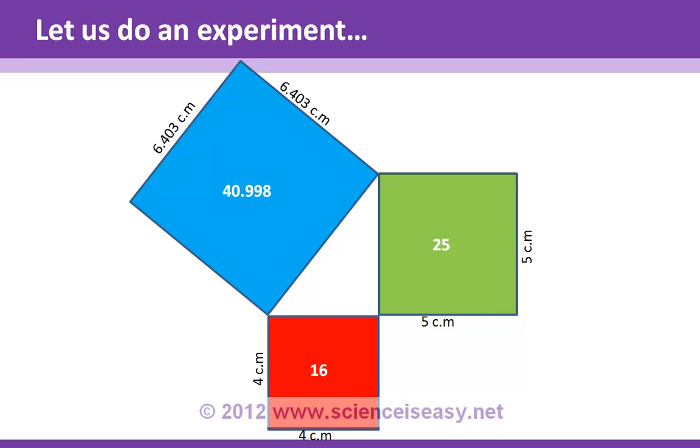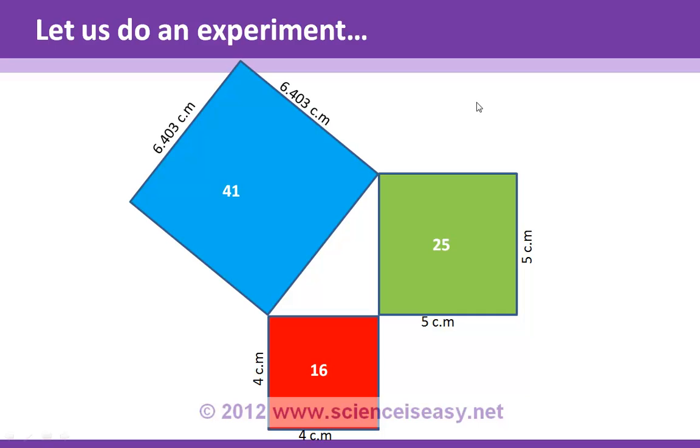The red square area is 16 cm square, the green square area is 25 cm square, and for the blue, the newly formed square, the area is 40.998. If we could measure very accurately, it would be exactly 41 cm square. Let's assume we measured accurately and the area is 41 cm square.